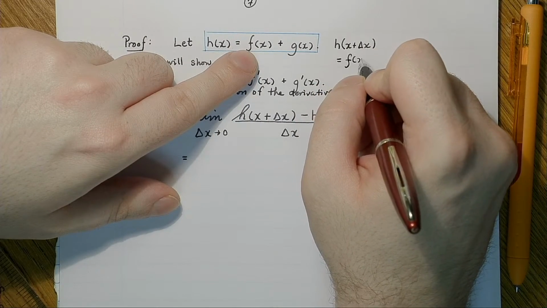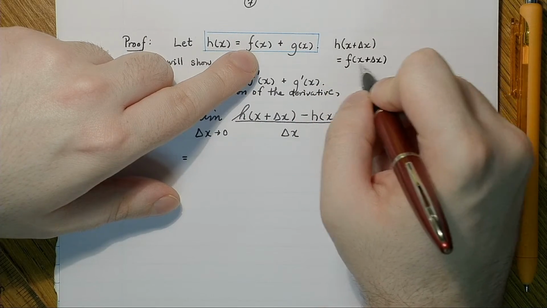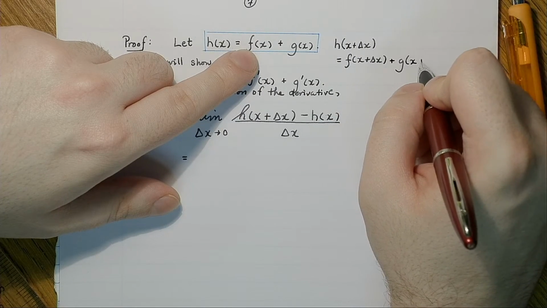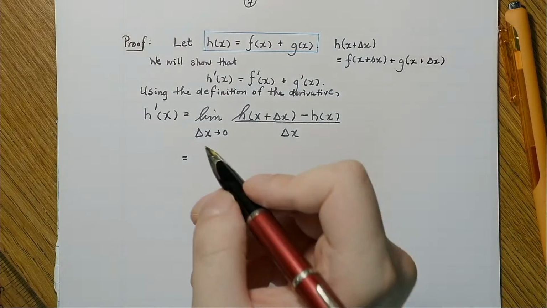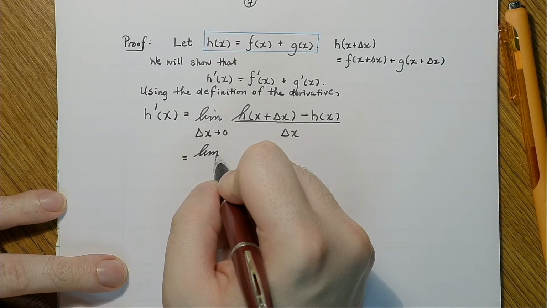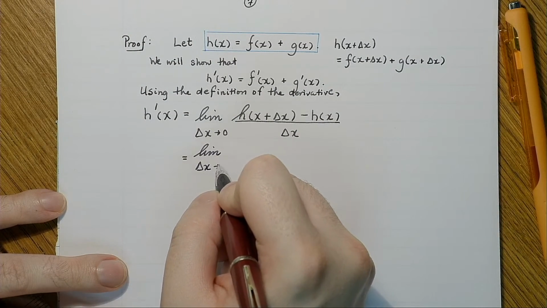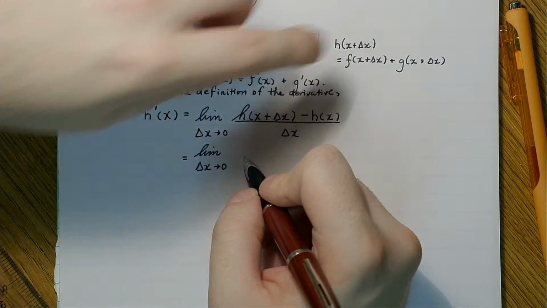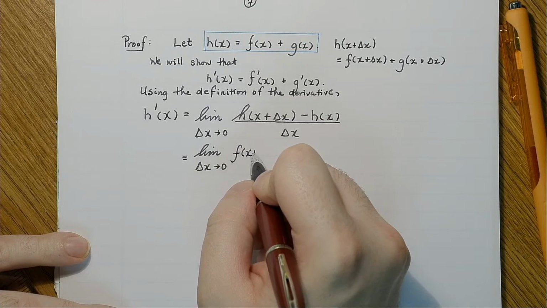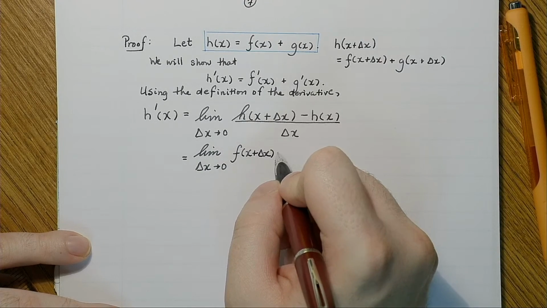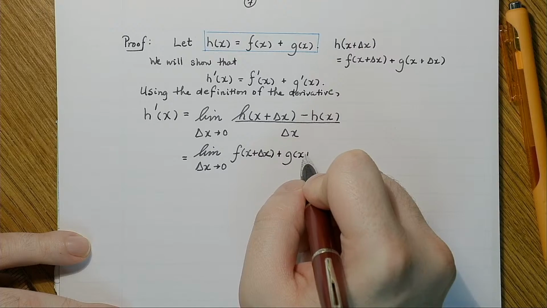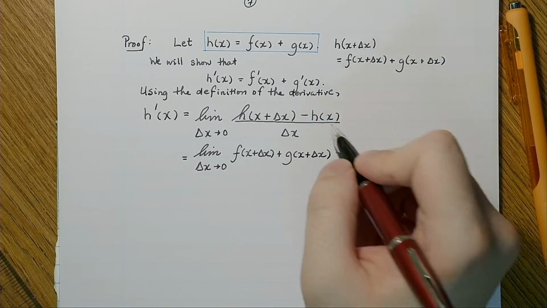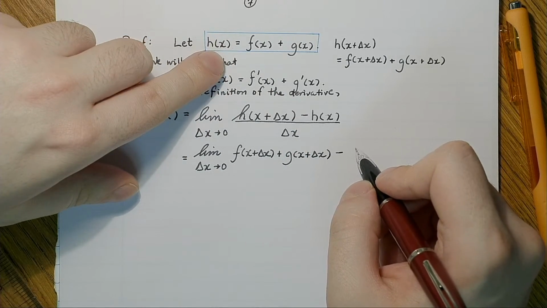I get it. f at x plus delta x plus g of x plus delta x. So I can replace this one up here with this. Okay, minus, and then I substitute in what my h of x is.